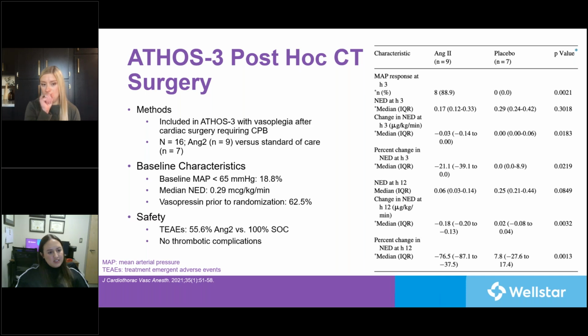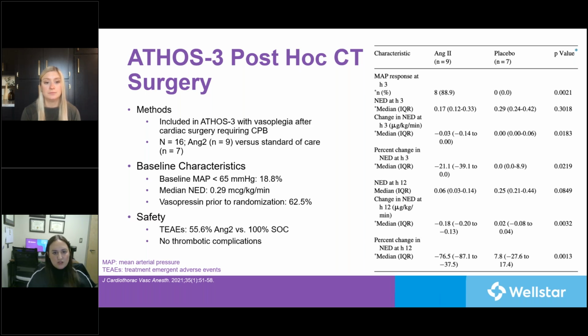Some important baseline characteristics are that about 20% of patients had a baseline MAP of less than 65, and their median norepinephrine dose was 0.29 micrograms per kilogram per minute. The majority of patients did actually have vasopressin on board at the time of randomization.